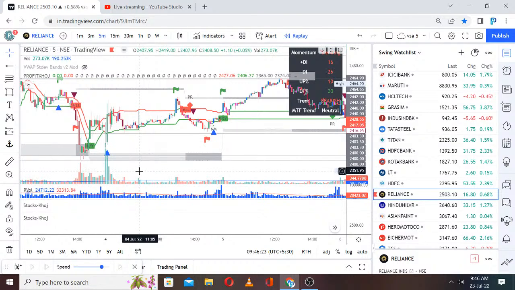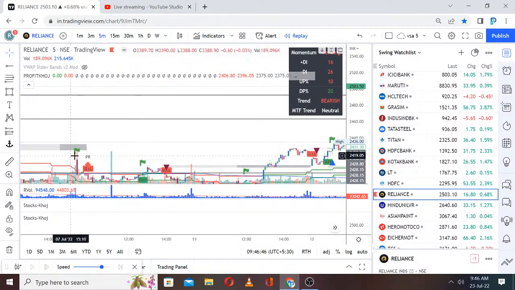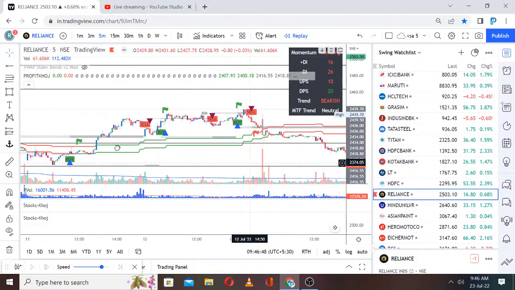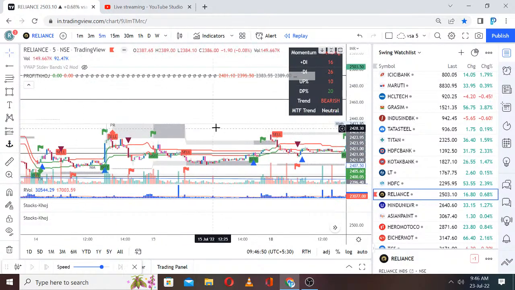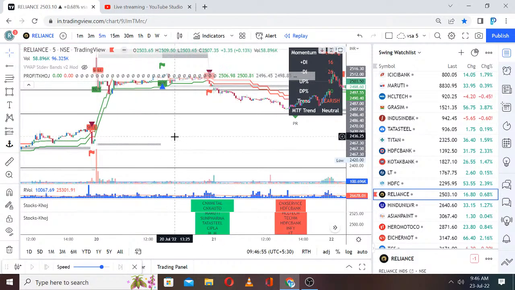The stop loss is below this, right? 2346 was my stop loss. I enter on this candle, 2446. So it was a 100 point SL. So we had a gap up that day.